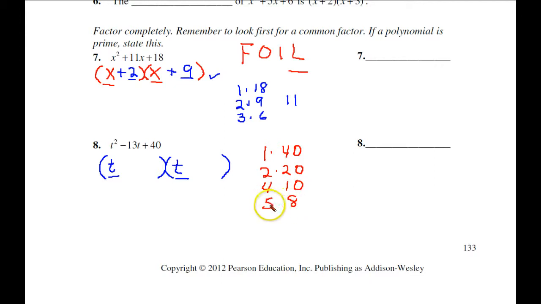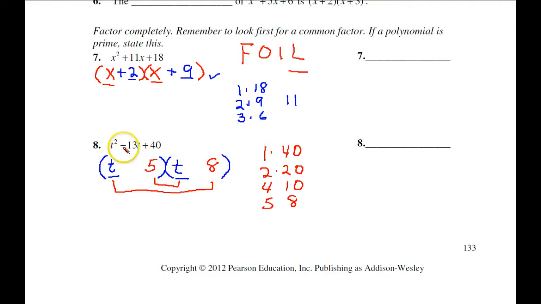Now as I did this mentally, I saw that it adds up to 13. So I'm going to try these. 5 times 8. Now, 5 times 8 makes 40. But now when I go to do my outers and my inners, I'm going to get a 13.